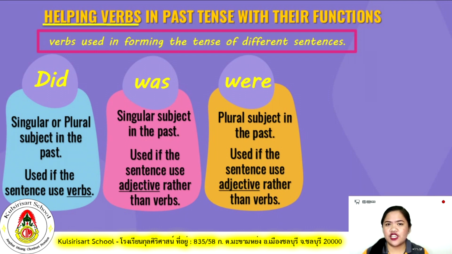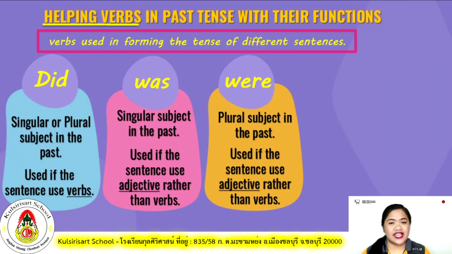When we say singular, it means only one. When we say plural, it can be two or more. So we use did whatever subject we have, if it's in the past. But take a look at this: used if the sentence uses verbs.